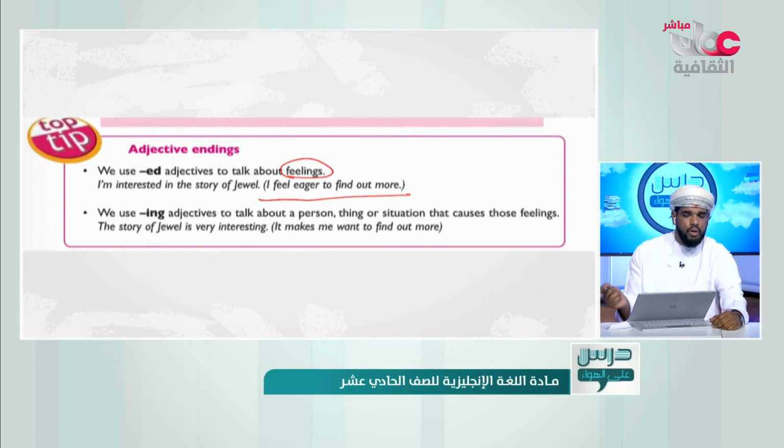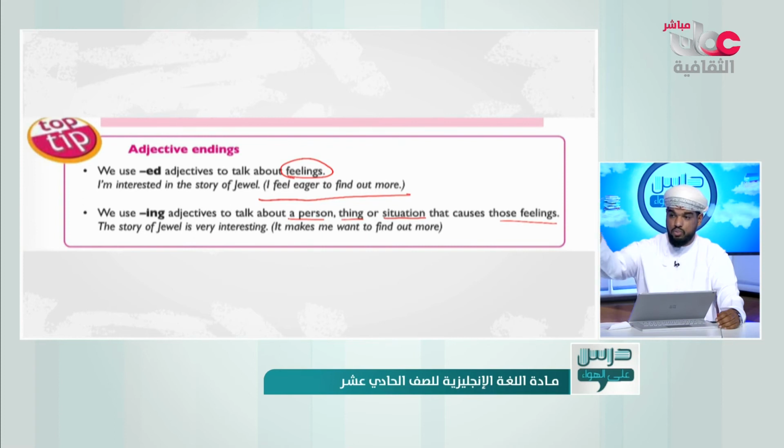When I use ing, we use ing adjectives to talk about a person, thing, or situation that causes those feelings. The story of Jewel is very interesting. It makes me want to find out more. So I use ing adjectives when I have a person or a thing or a situation that gives me a feeling.